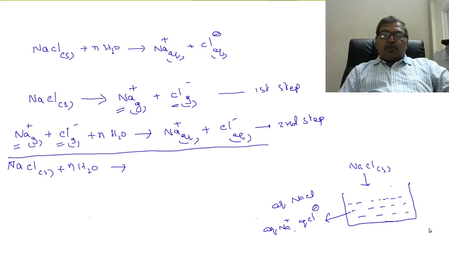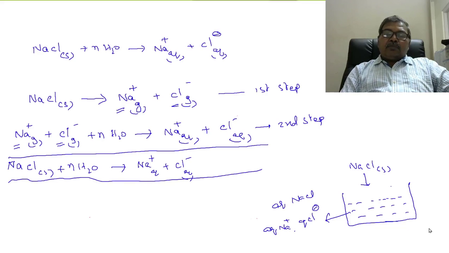NaCl solid, n moles of water left in the left hand side. Next, what are the species in the right hand side? Aqueous Na plus, aqueous Cl minus. So this is the overall reaction, right?